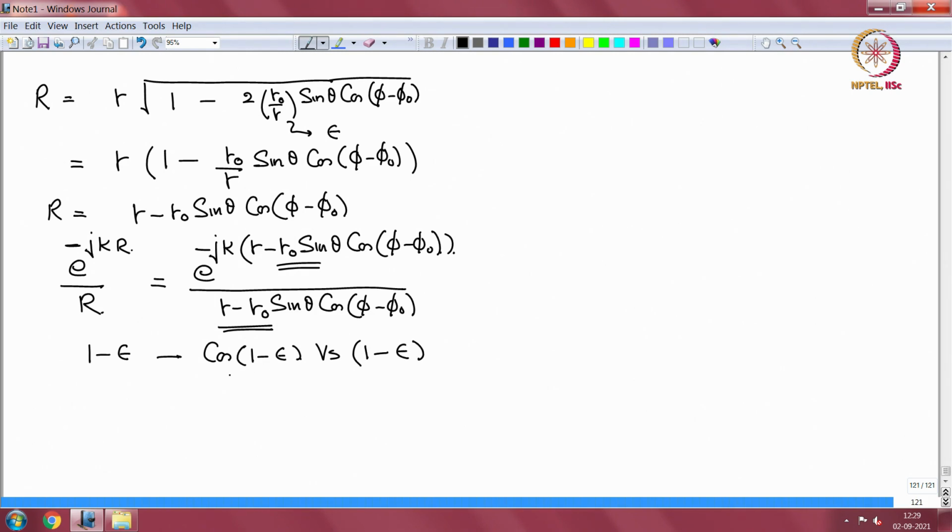So this is a nonlinear function of 1 minus epsilon, whereas here it's just a linear function.